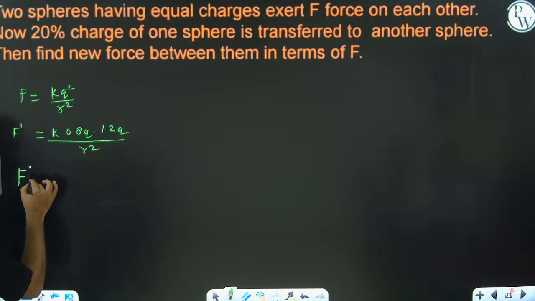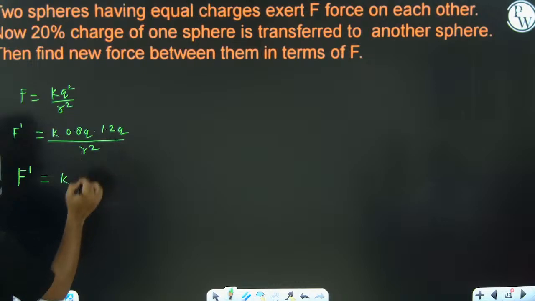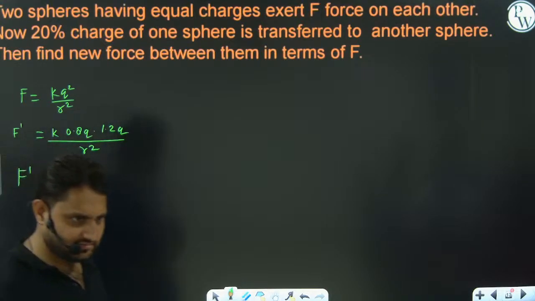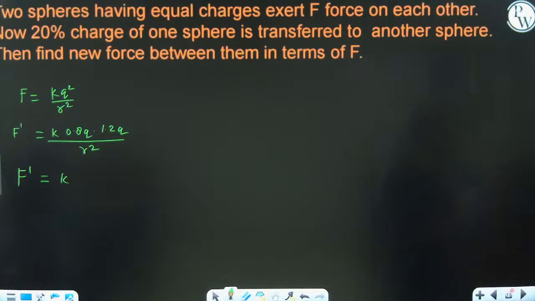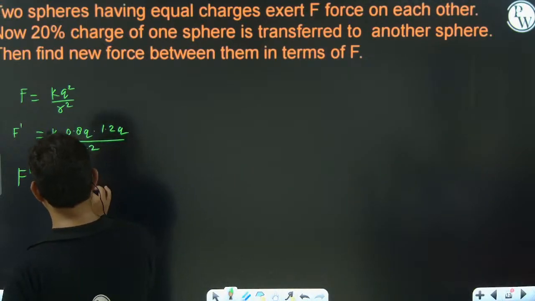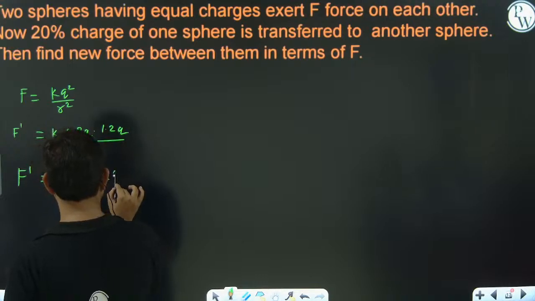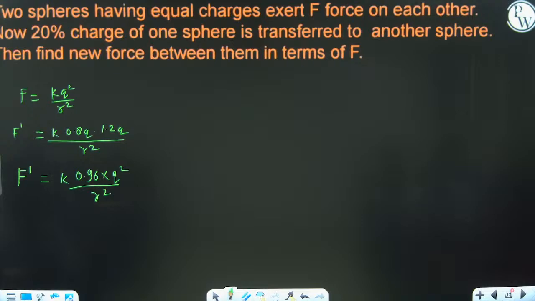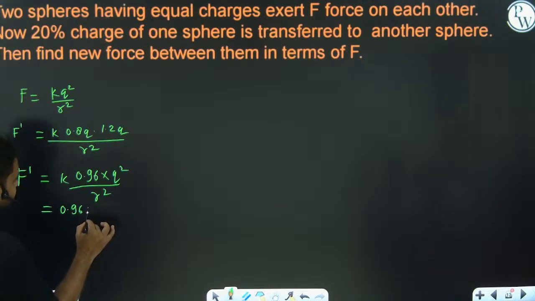So this F dash will be equal to K into 1.2 multiplied by 0.8, which is 0.96. Very good. I'm very bad at calculations, so you have to help me always. I will avoid doing the calculations. I will ask you to do the calculations. So this is 0.96 times the initial F.